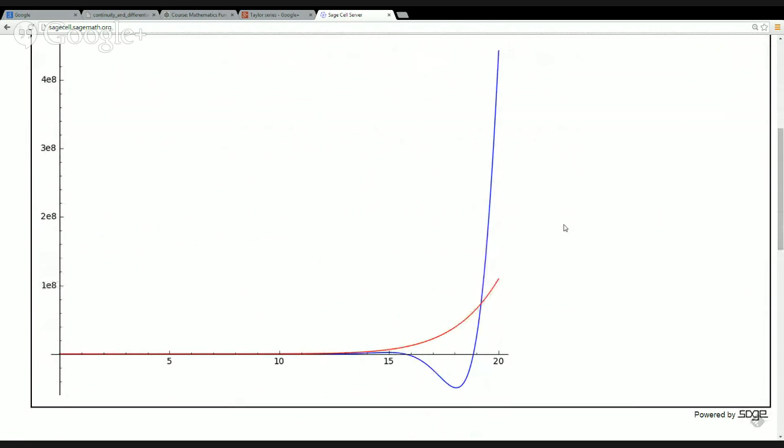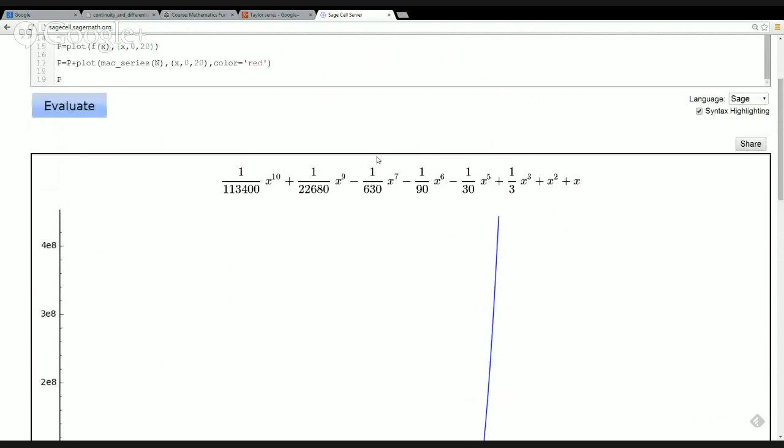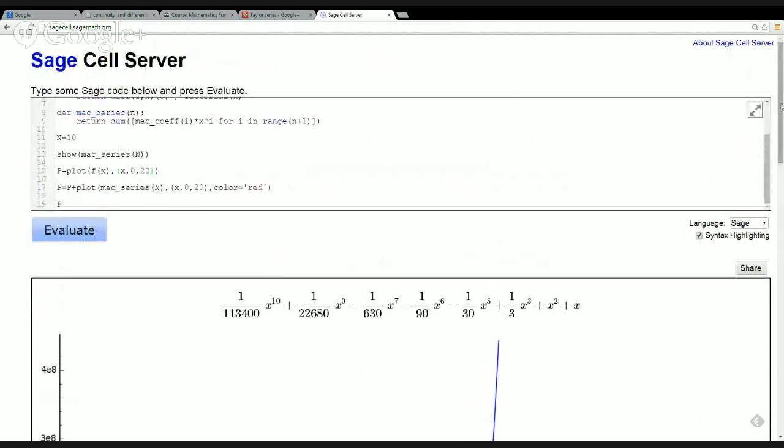So the red is, what was it now? Yeah, the red is the approximation. And the blue is the actual function. Of course, the vertical scale is getting huge here, 100 million, 200 million, 300 million, and so on. So maybe dial that back a bit to sensible values.